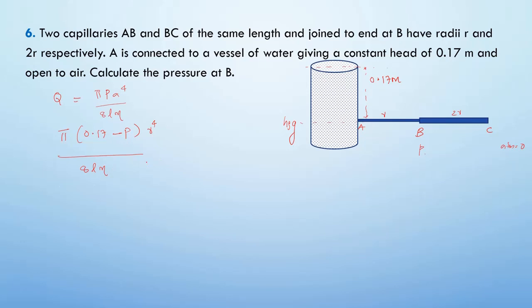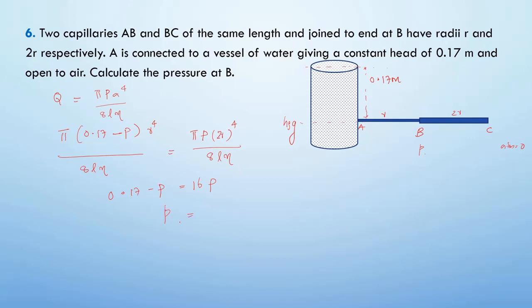This is for the tube AB, and the volume rate of flow for the tube BC is π, the pressure difference is just P, and the radius is 2r, so (2r)⁴ divided by 8Lη. We can cancel the constants and write 0.17 minus P is equal to 16P, since we have 2 to the power 4, which is 16. So from this equation we can solve for P.